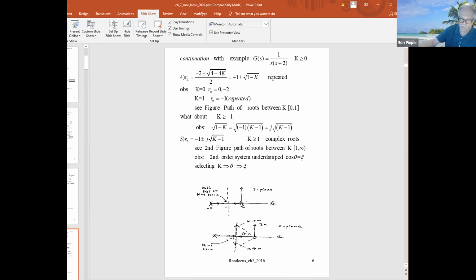There's the original pole for k equals 0 at 0 and -2, and as soon as the k starts increasing, both poles start moving in the direction towards this vertical dash line where it crosses the real axis at -1. And then we could argue that this part of the story ends where k is equal to 1, where you have repeated roots, and both those poles are now sitting at the value of -1 on the real axis.